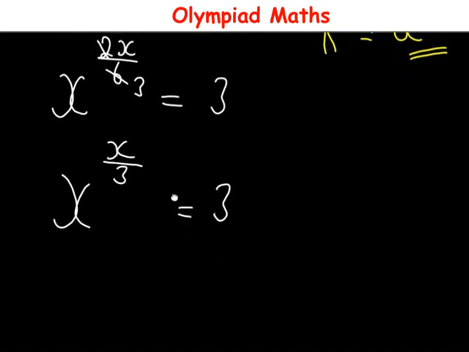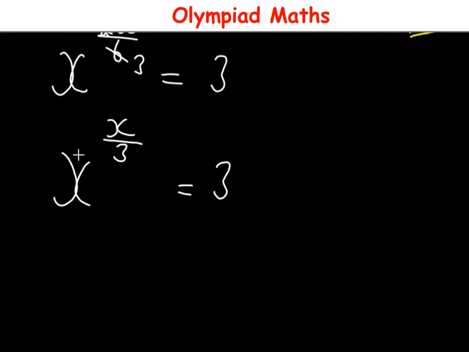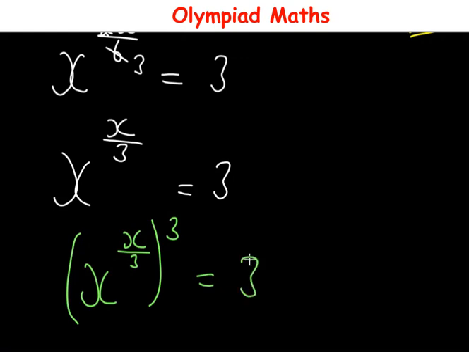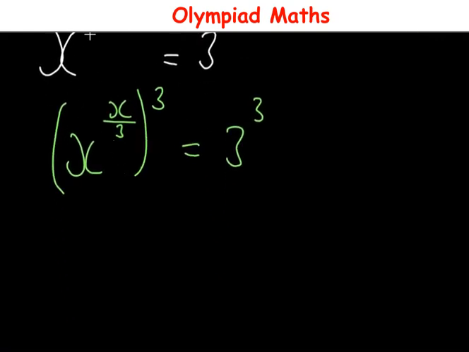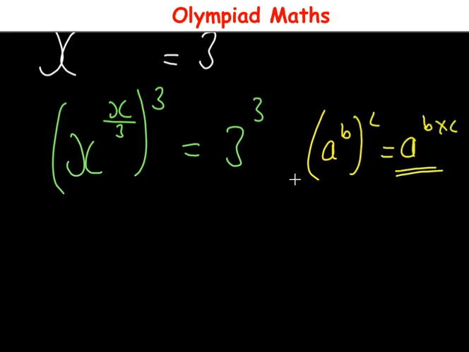Now, at this junction, we are going to cube both sides of the equation. So we have, in brackets, x raised to power x over 3, all raised to power 3, is equal to 3 raised to power 3. Applying this rule of indices, that if you have, in brackets, a raised to power b all raised to power c, this equals a raised to power b times c, power x over 3 will multiply 3.